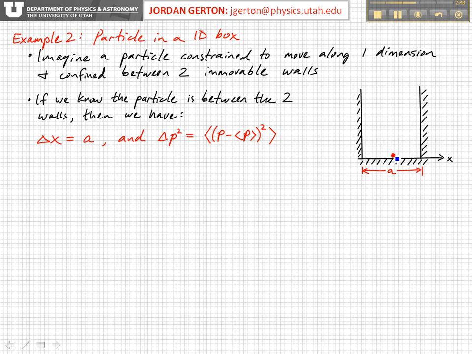And then let's imagine that we put two walls, and so the bead actually is constrained to stay between the two walls.